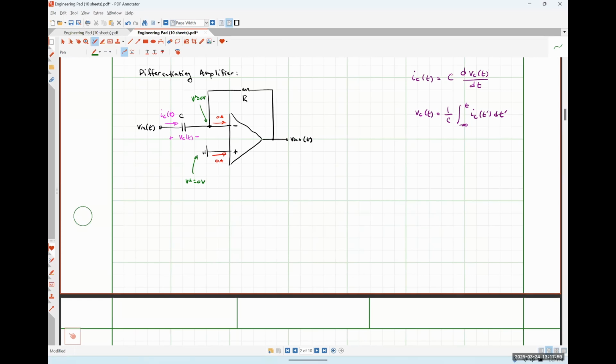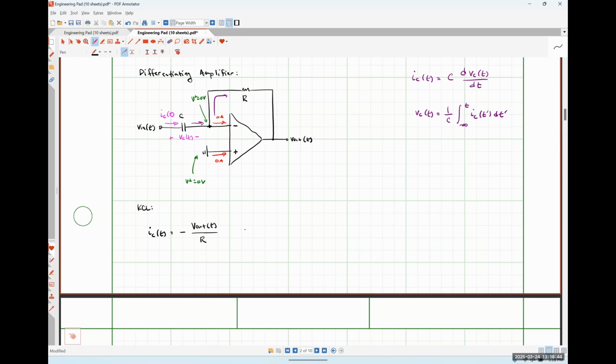Now I'm going to apply KCL at my inverting input terminal, slightly differently this time: current flowing in is equal to current flowing out. So that gives me IC of t is equal to 0 volts minus V out, so negative V out divided by R, right?